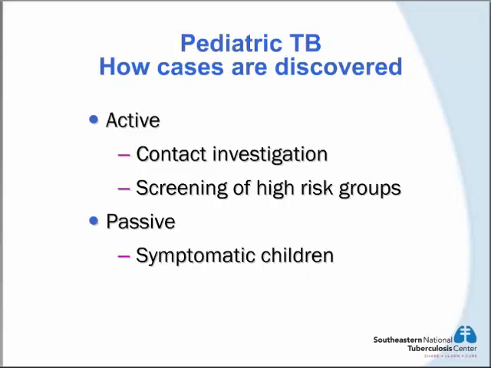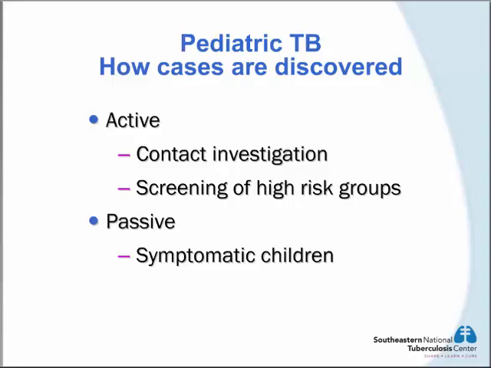Now, before we look specifically at the epidemiology of pediatric TB in the U.S., it's important to know how the cases are discovered, especially in pediatrics. You can discover the cases actively or passively. Active means that the patients are identified through contact investigation and screening of high-risk groups.